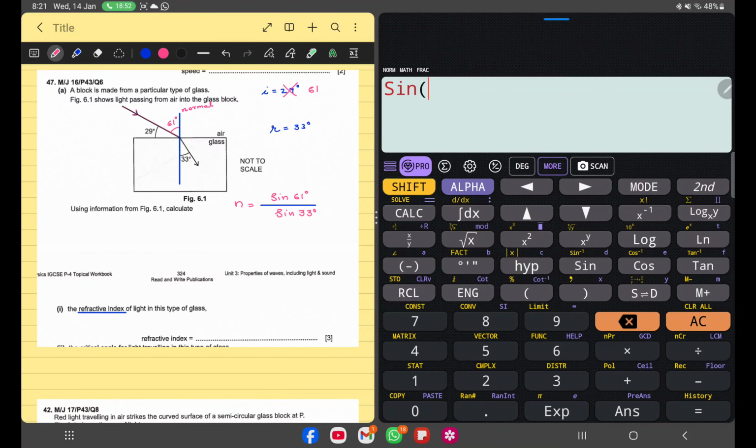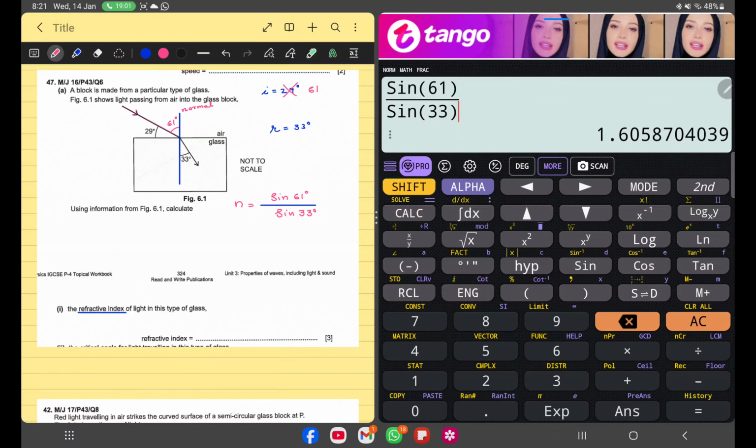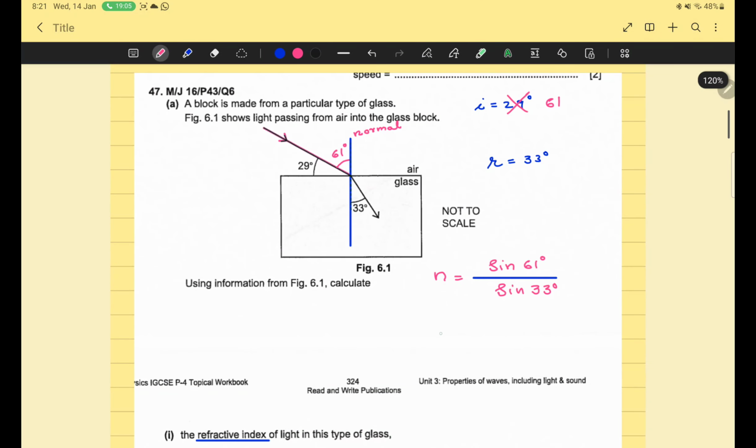This is sine 61 divided by sine 33. So the answer is 1.6. And there is no unit of refractive index.